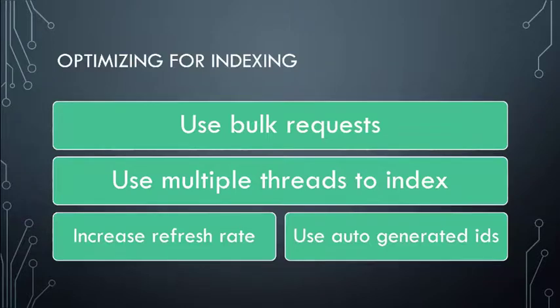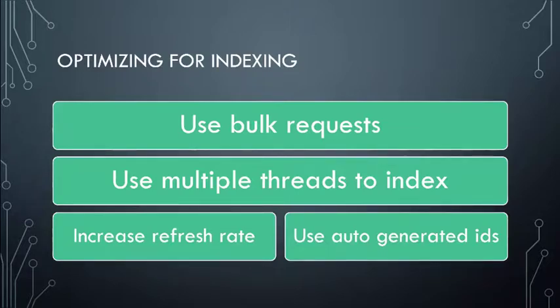Additionally, it is unlikely that one thread will saturate Elasticsearch's ability to receive new documents to index. So you should try and use multiple threads, all posting information to Elasticsearch.